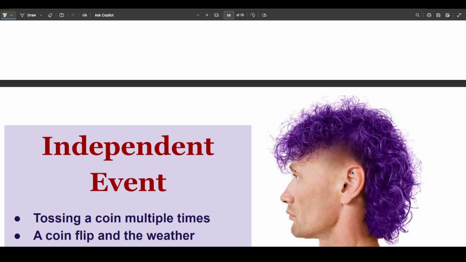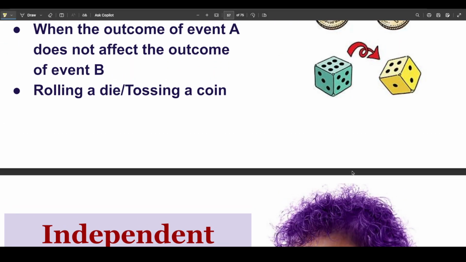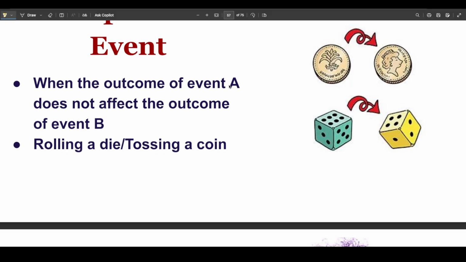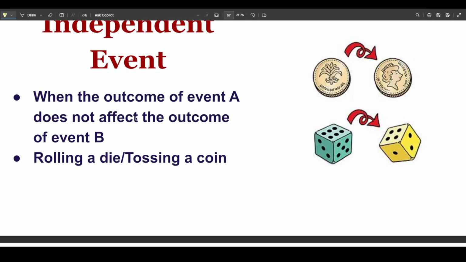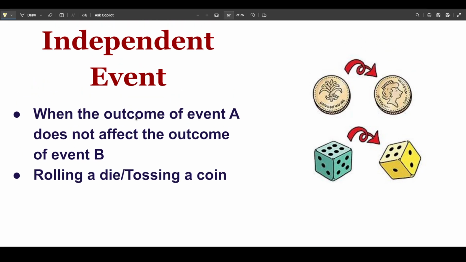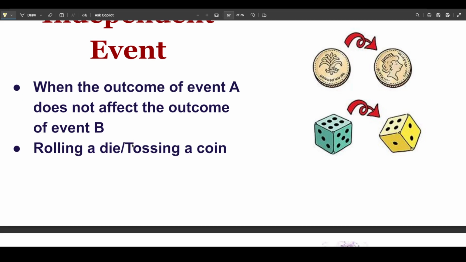If the result of one event does not impact another event, then event A is independent of event B. So when the outcome of event A does not affect the outcome of event B, that is an example of an independent event. Remember, independence is directional. Maybe one event is dependent upon the other one, but the inverse is not valid. Okay, so this is something to consider.